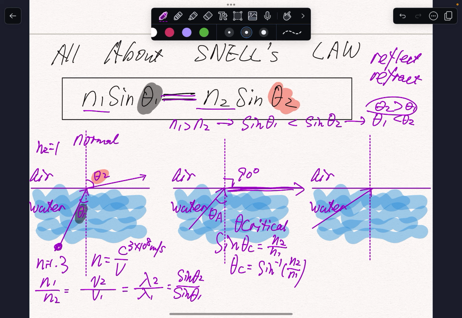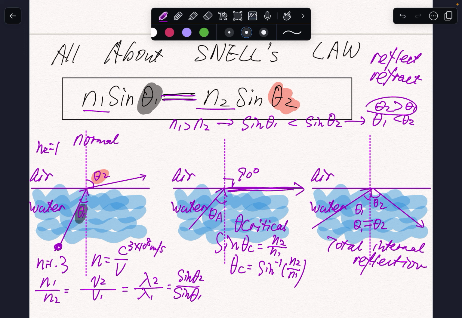In this case you can see my new theta 1 is here. When it exceeds theta critical, it actually reflects. So light will reflect back into the water, and here theta 1 is equal to theta 2.